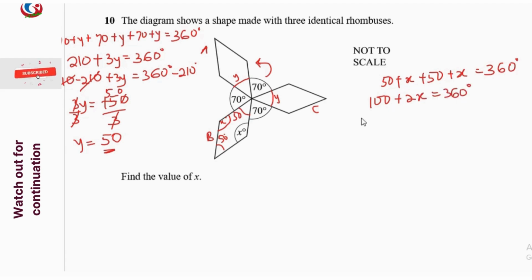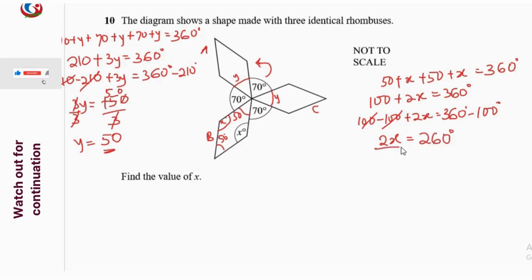Then you subtract 100 from both sides. 100 plus 2x is equal to 360 degrees minus 100 degrees. So this 100 and 100 we cancel out. We are now left with 2x is equal to 360 minus 100 will give us 260 degrees.